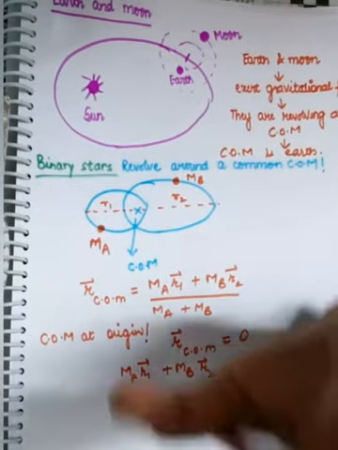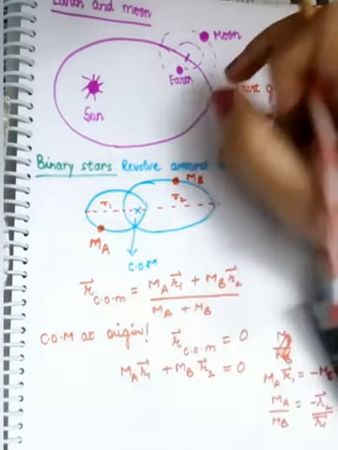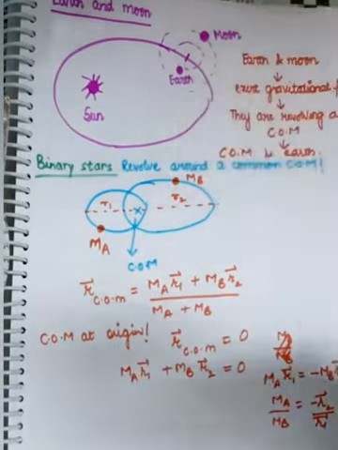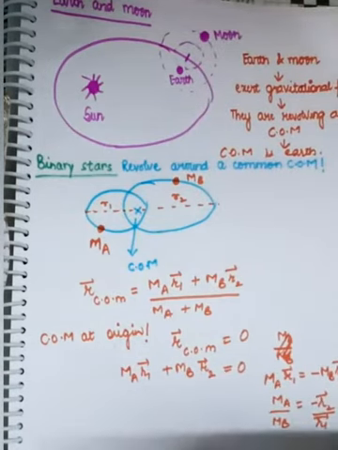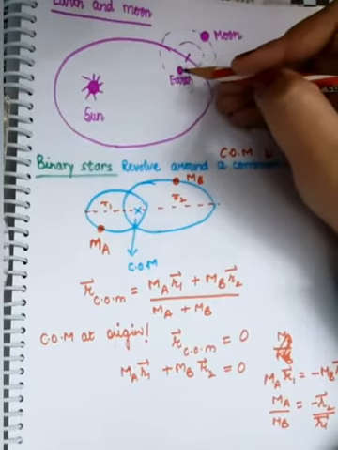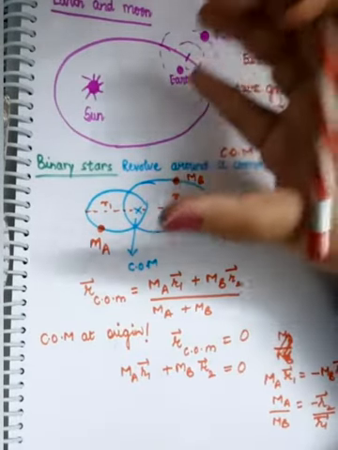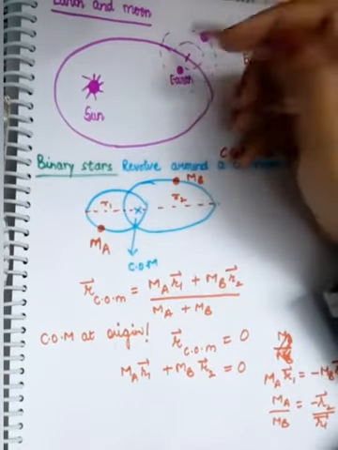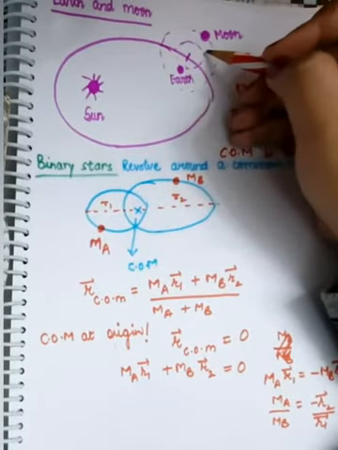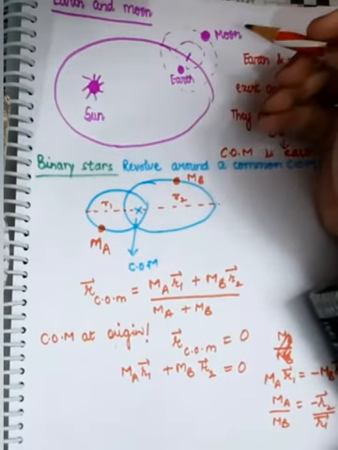Gravitational forces are internal forces, exerted in pairs, right? And there is no external force acting on this system of Earth and Moon. Let us consider Earth and Moon as one system.